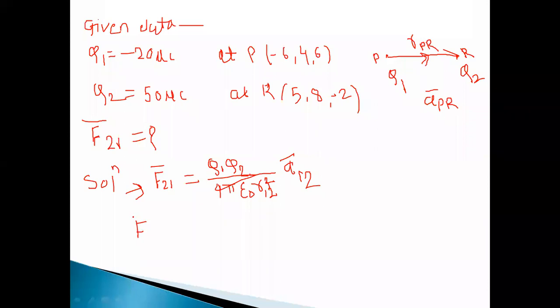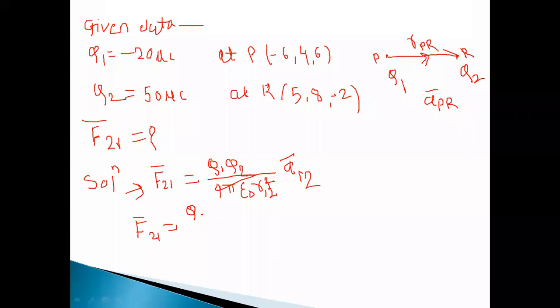So F bar 21 is equal to Q1 Q2, or you can also write this as QP and QR.